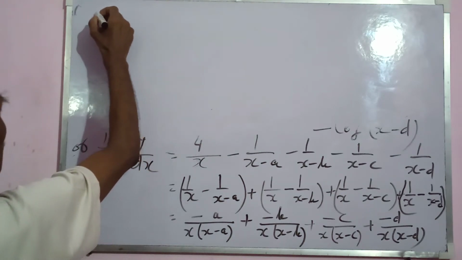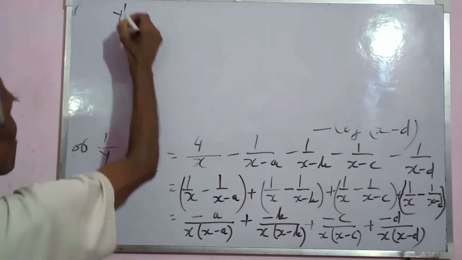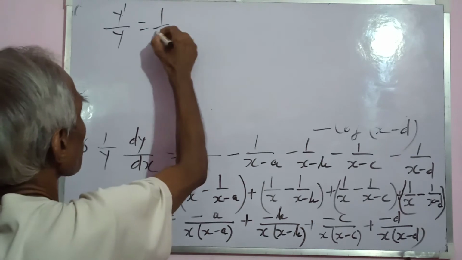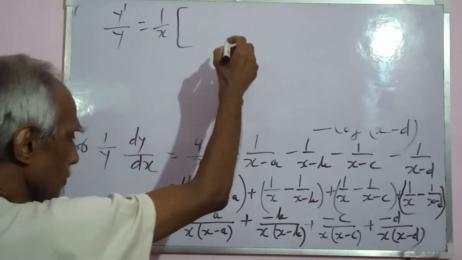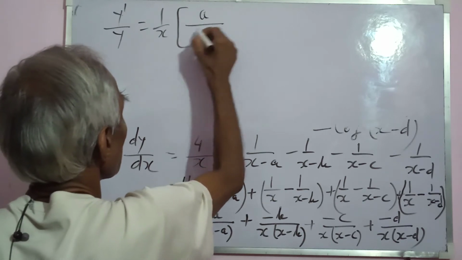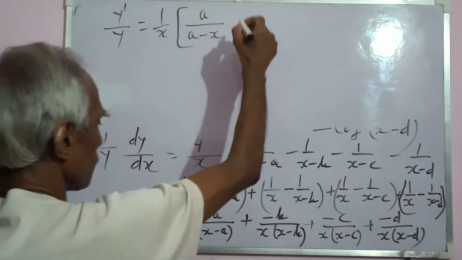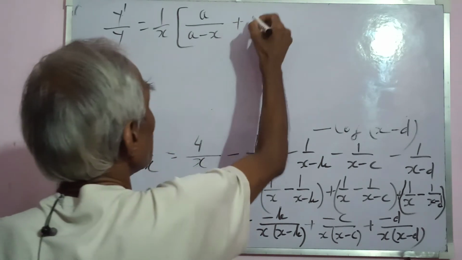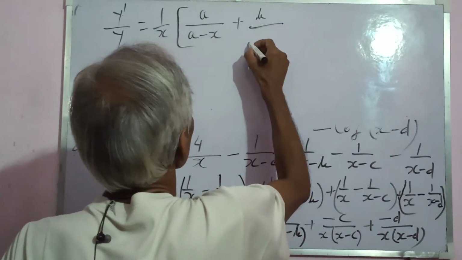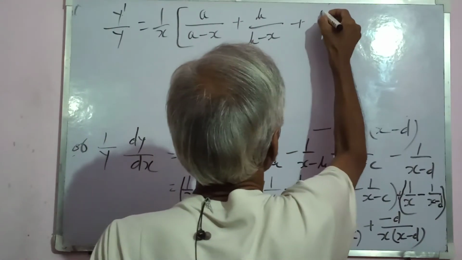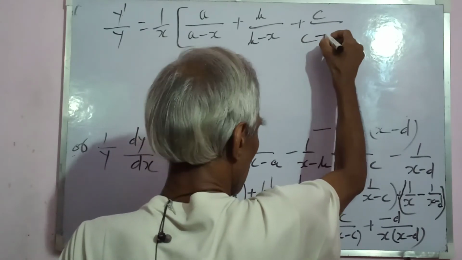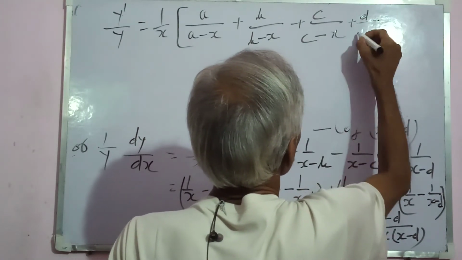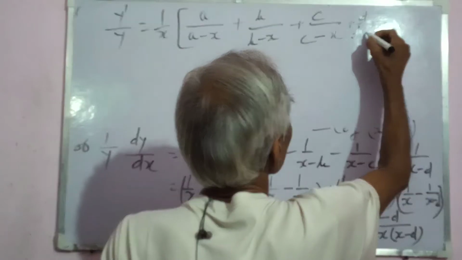Then y dash by y is equal to 1 by x common, a by a minus x, plus b by b minus x, plus c by c minus x, plus d by d minus x.